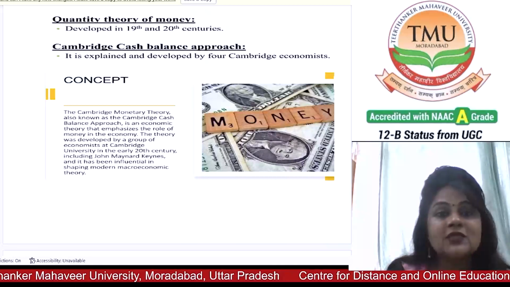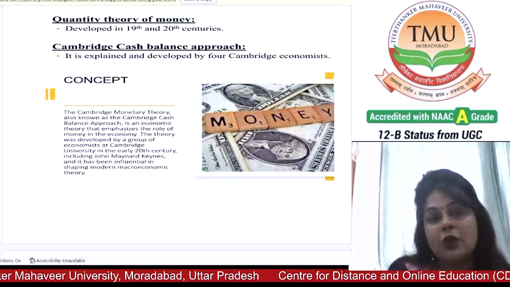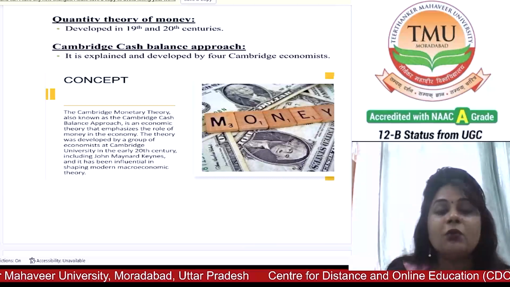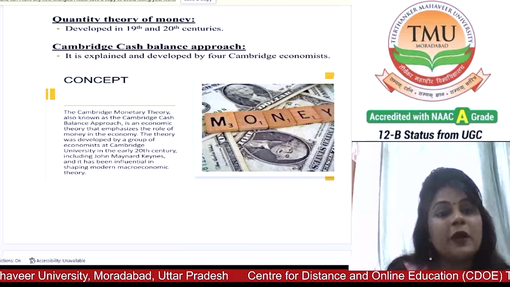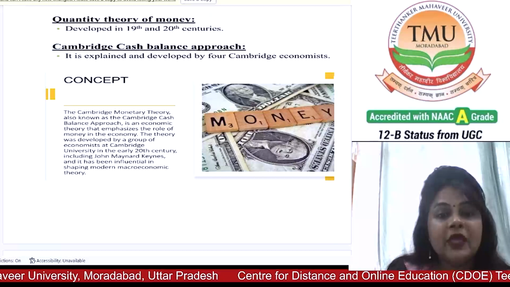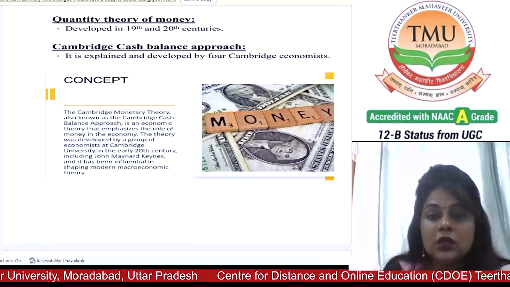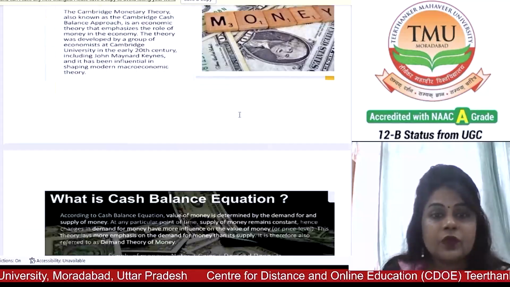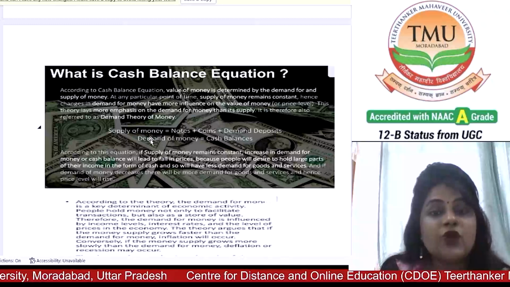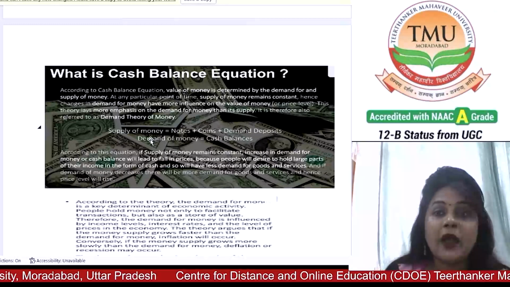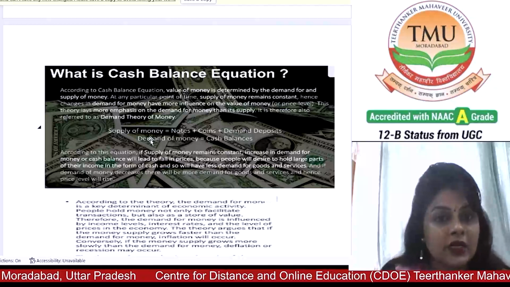According to the cash balance approach, the value of money depends upon the demand for money. But the demand for money arises not on account of transactions, but on account of money being a store of value. According to the cash balance equation, the value of money is determined by the demand for and supply of money.